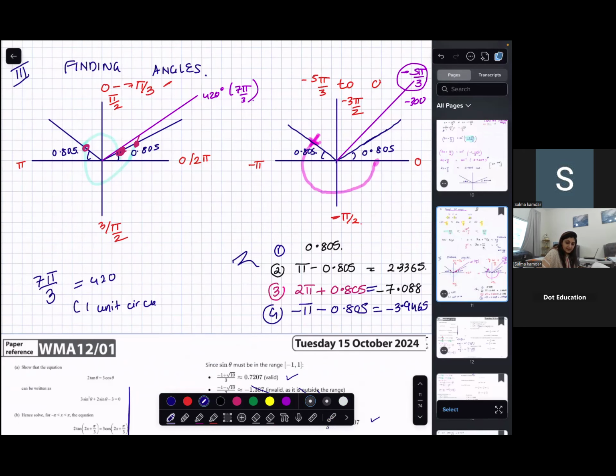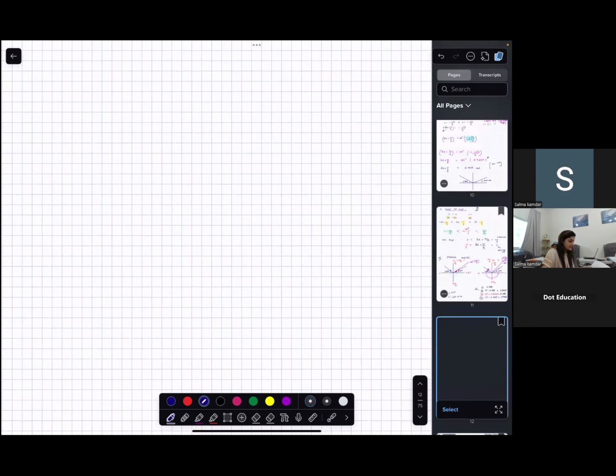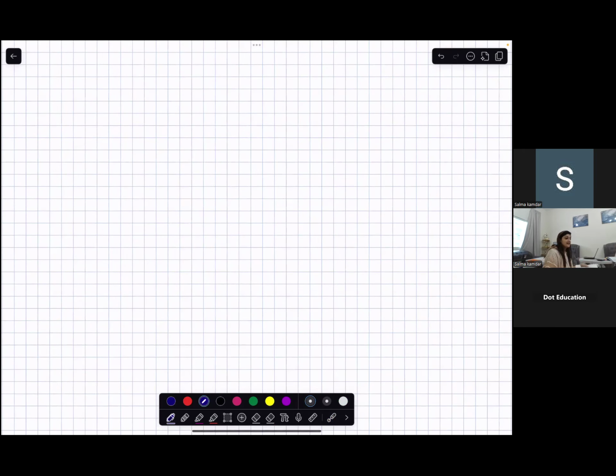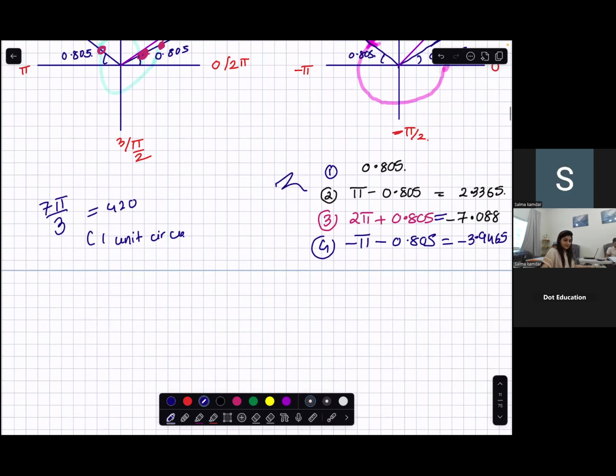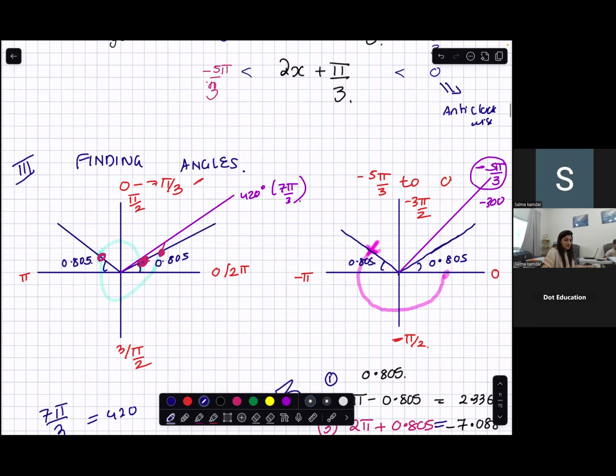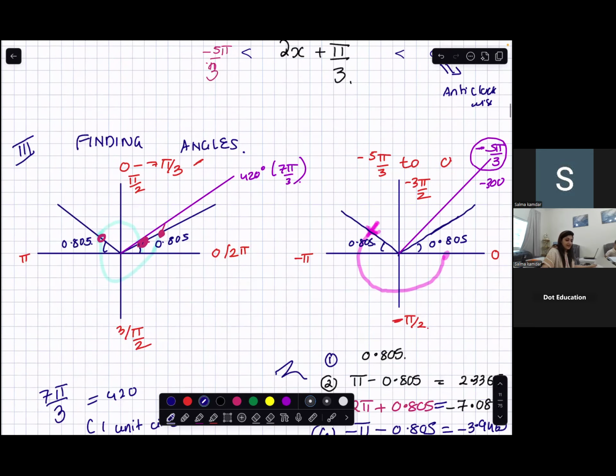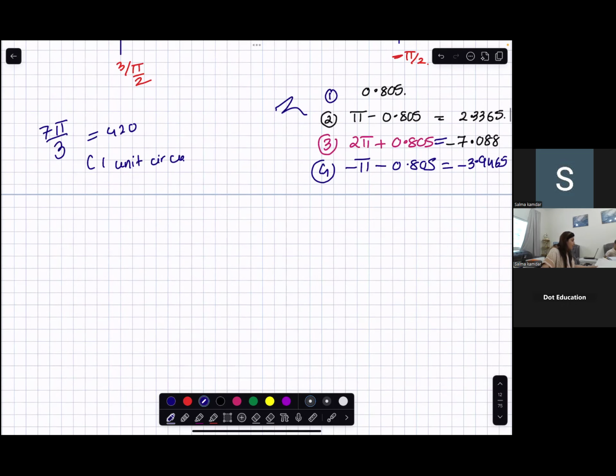Now I need you to understand over here that these are the values of your 2x plus pi by 3. This was our range for our 2x plus pi by 3, right? So these four values that you have got are for 2x plus pi by 3.